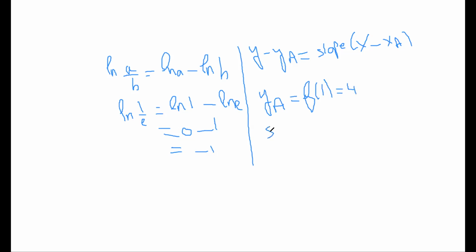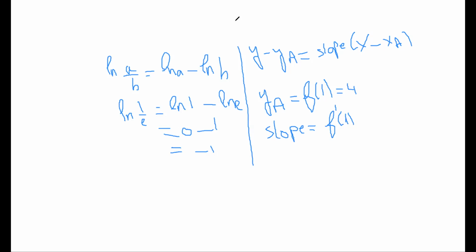Slope, we replace the value of x in the equation in the f prime x. Slope is f prime of 1. We replace the value of x in the derivative, we get the slope of the tangent, and then we use y minus ya equals slope into x minus xa.